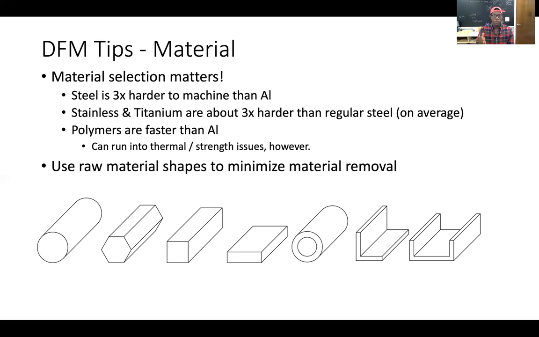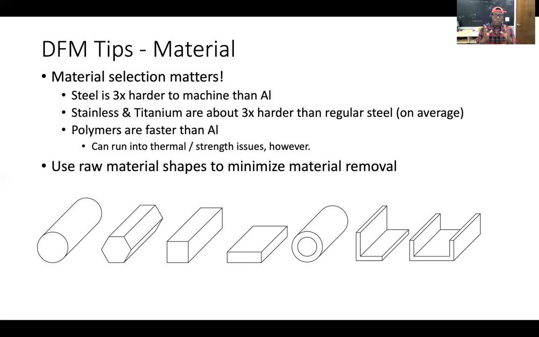We want to use the raw material shapes that are available to us to minimize the material removal as well. Because as I mentioned before with the warping, if we remove a whole lot of material from a piece, for instance, if we use that square and make it into an L bracket, it's going to be warped when we finish because we've removed so much material that it's been hot for so long.